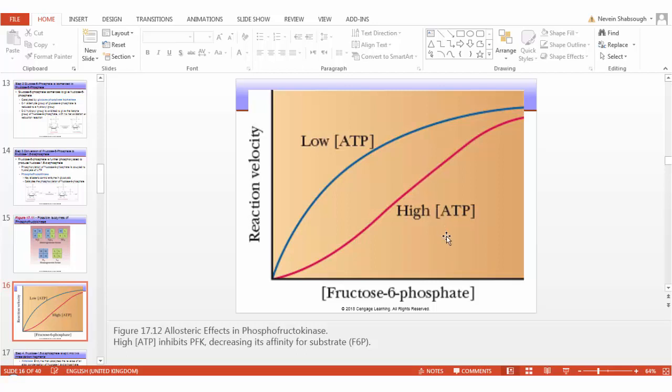And this is of course reasonable, because when the cell has high ATP concentration, there is no need to metabolize glucose for energy, so this inhibits the glycolytic pathway itself. In addition to ATP, we have another more potent allosteric effector of phosphofructokinase, called fructose 2,6-bisphosphate, and we will discuss this in the next chapter.